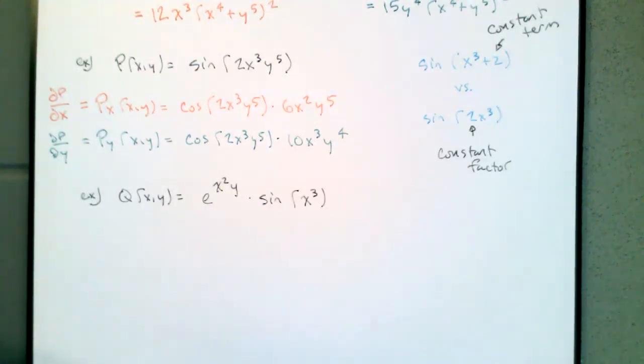So when we look at this function, I've got e to the x squared y times sine of x cubed. So I have the product of two functions of x.